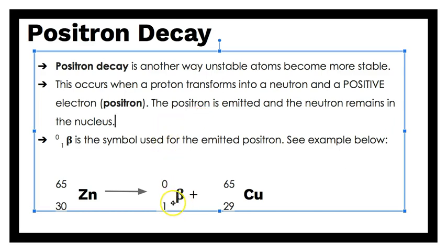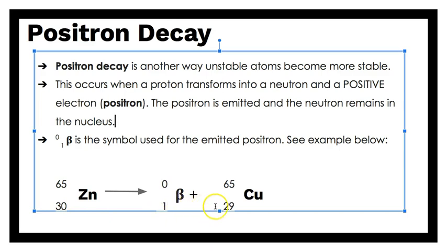It's like beta decay, but instead of a negative one here, it's a positive one. So if you write this example down, the mass doesn't change, but you have a one charge here. And again, you want to balance it out.